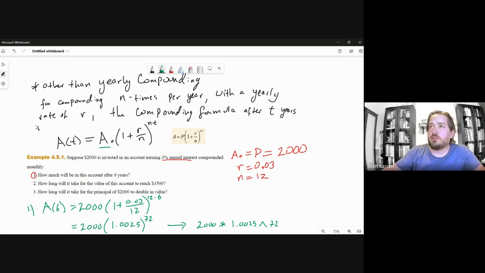But use your calculator, do this on your calculator, see if you get the same answer. You should get, rounded to the nearest penny, $2,393 and 90 cents.